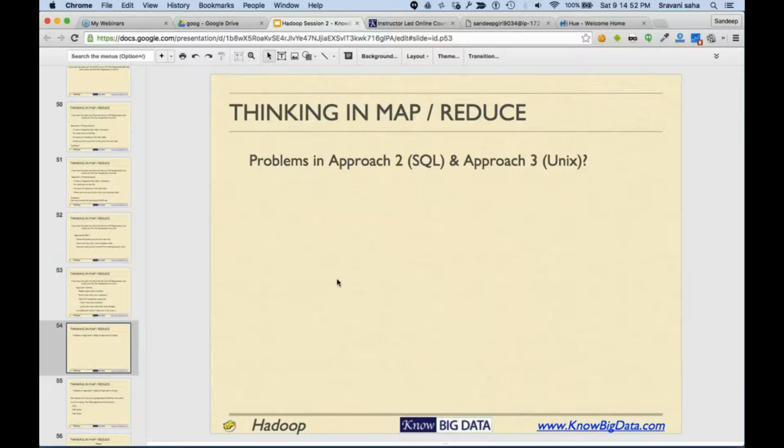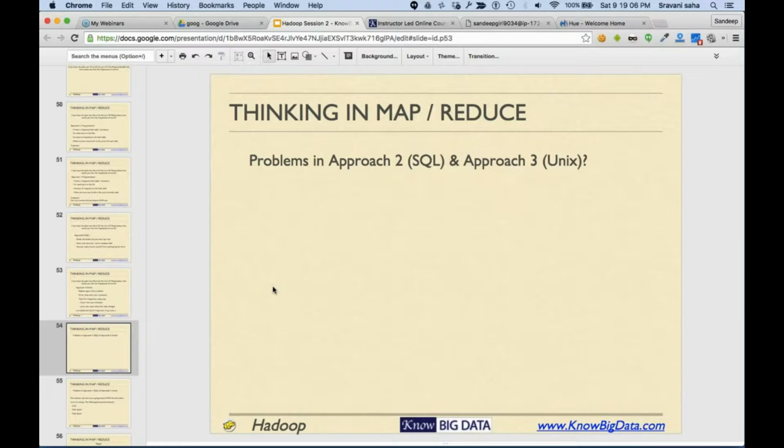All right. Now, question to all of you: approach number 2 and 3, SQL and this one, do you see any problems? We talked about earlier where we were loading everything into memory and trying to count the words.